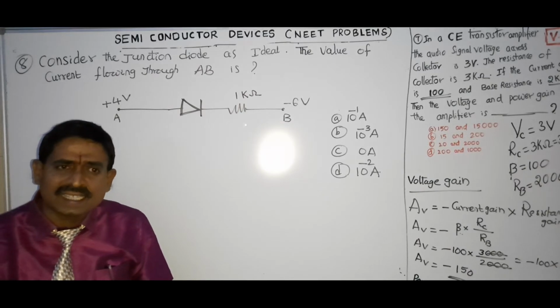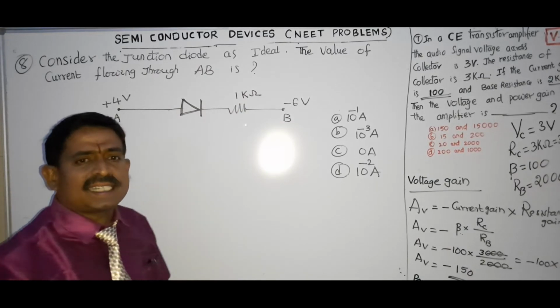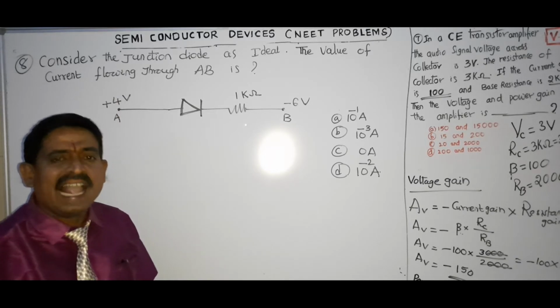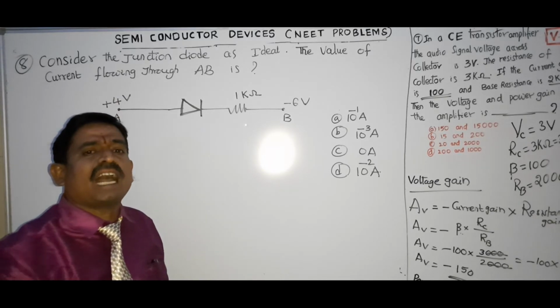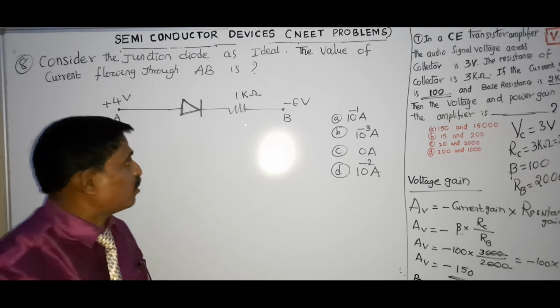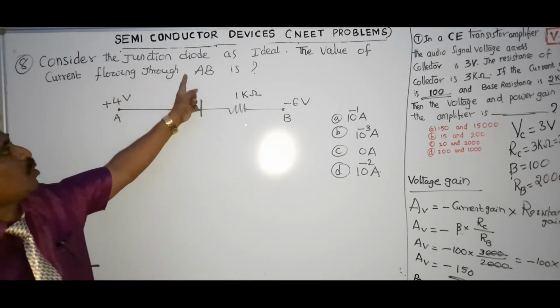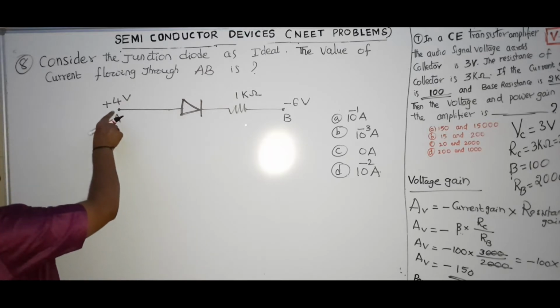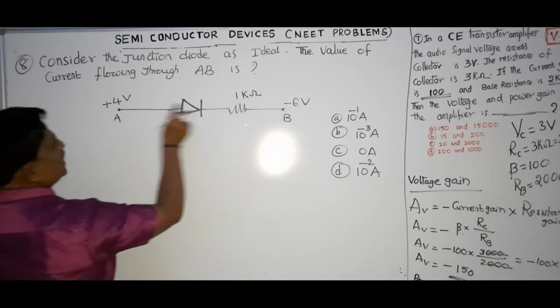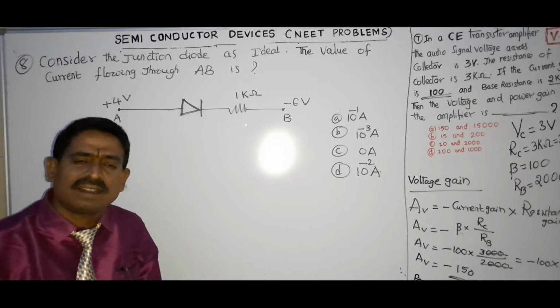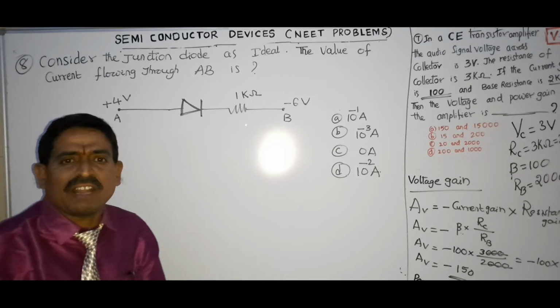Consider the junction diode as ideal. Ideal diode means in the forward bias, the diode is acting as a perfect conductor. In the reverse bias, the diode is acting as a perfect insulator. The value of current flowing through AB: how much current is passing through this circuit? I is equal to V by R. V means potential difference.